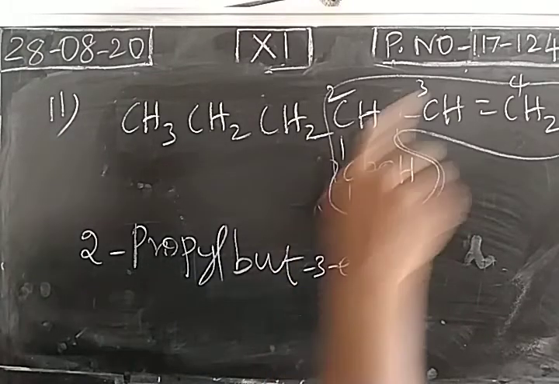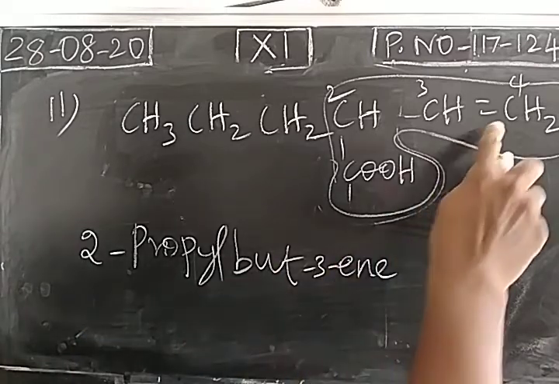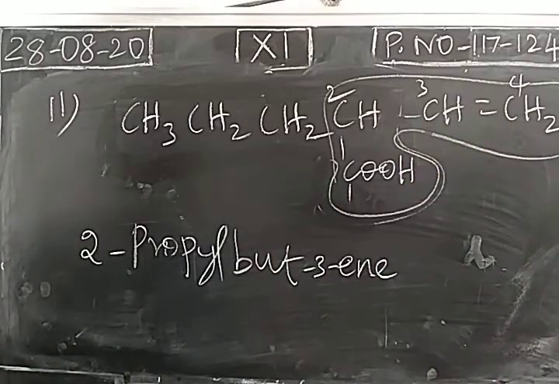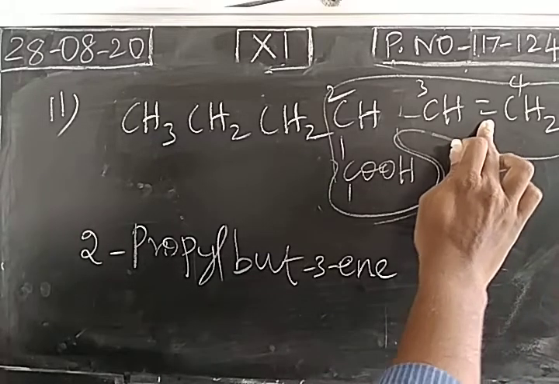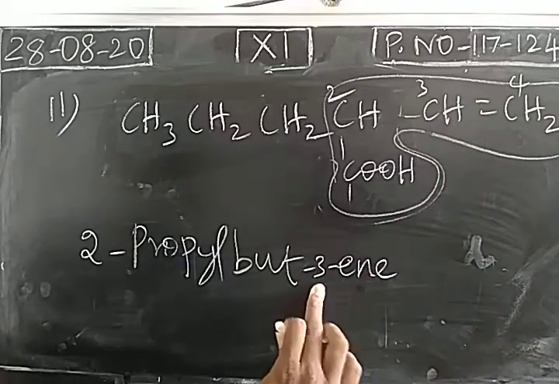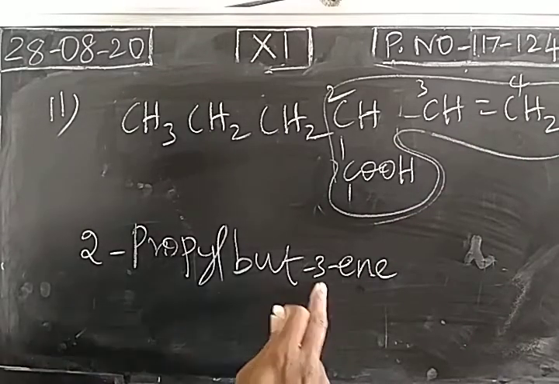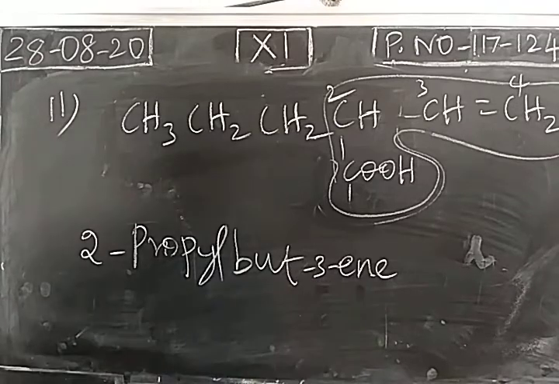So the root word is but, because 4 carbon atoms are present in the longest chain. The double bond is present between the carbon atoms in the longest chain. So the primary suffix is ene, and the position of the double bond is 3 because it is present between the third and fourth carbon. So 3 is the position. We have to take the low number, right? Lowest number 3 is taken.